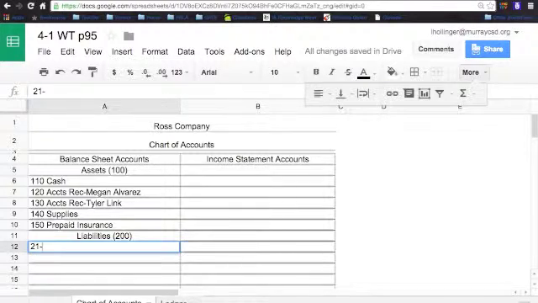So our 210 account will be, well, we got two of them. We got Surer Supplies and Mid-City Supplies. So M comes before S, so we'll put M Mid-City Supplies.